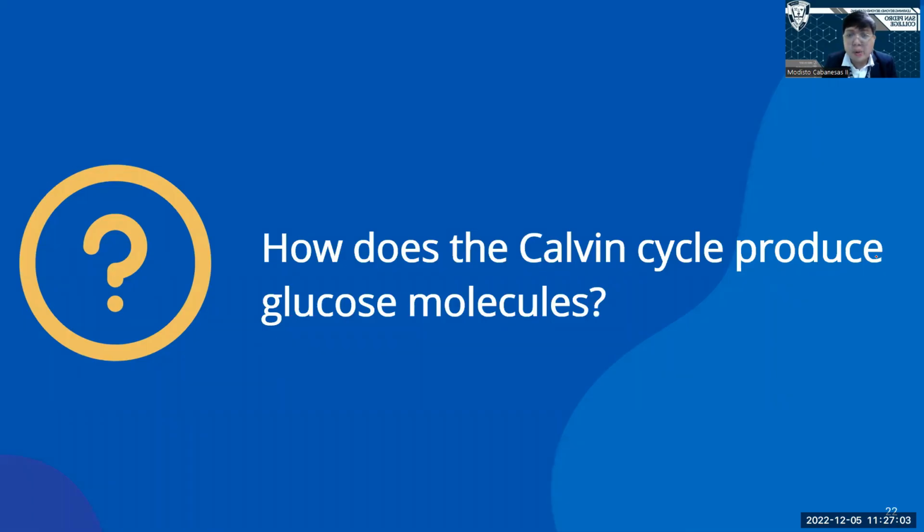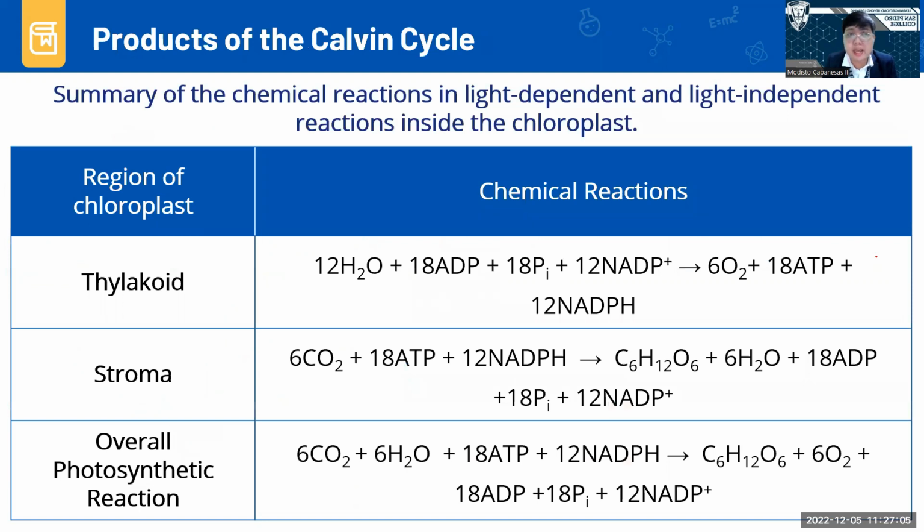Okay? So, ito yung summary of chemical reactions natin. So, ito yung summary sa light-dependent, itong nasa taas, which happens in the thylakoid. And the second one is the summary of our molecules used in the stroma.